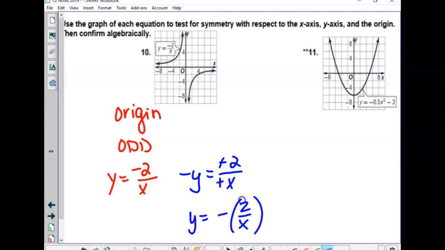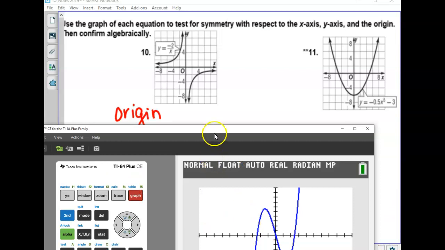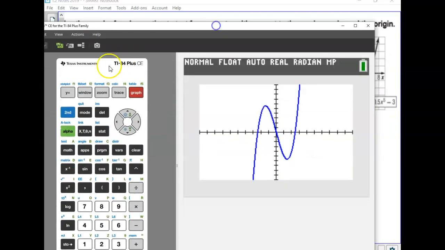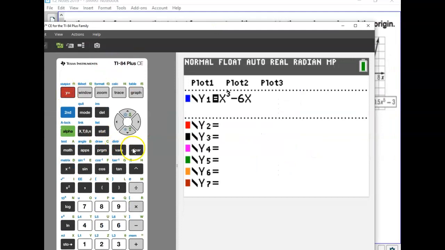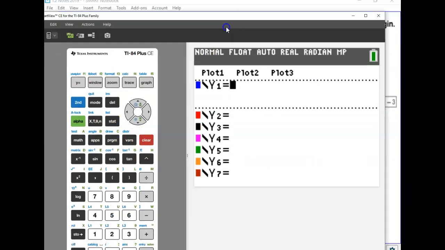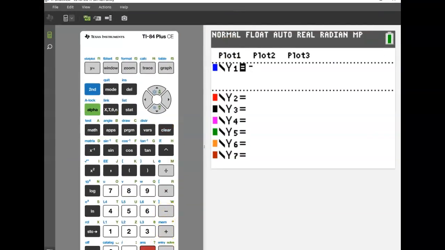Number 11 has some stars. I think it has stars because it looks symmetric there, but I kind of remember typing it in and it doesn't really look like that. Can someone read that one to me? Negative point. Sorry, negative 0.5 x to the 5th, arrow to the right, minus 3, plain old 3.